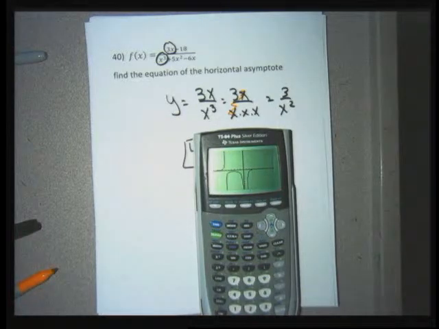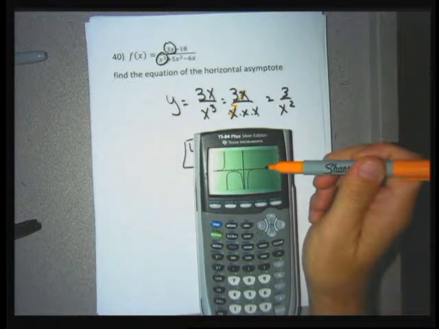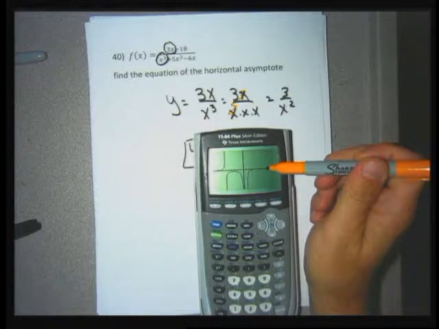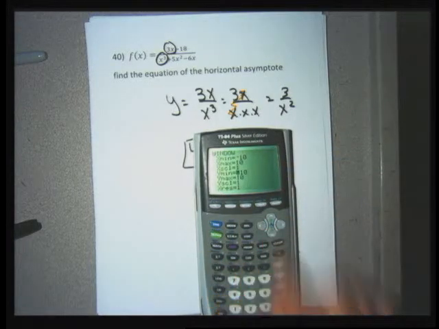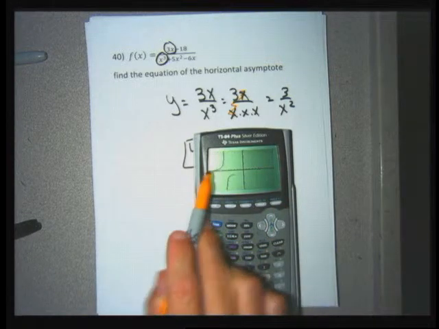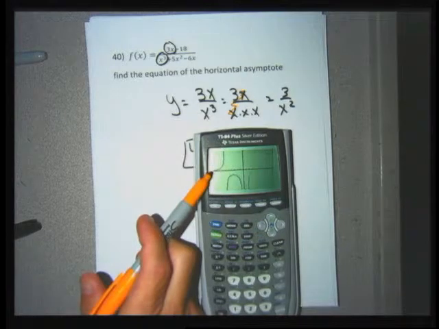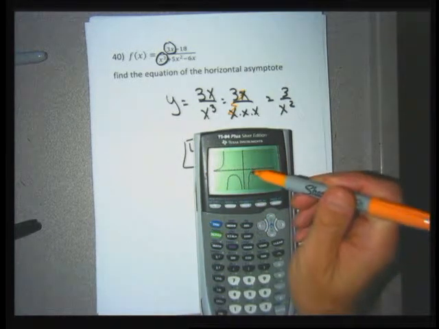But on the other hand, as I get far off to the left and far off to the right, the graph gets close to the x-axis, which is y equal to 0. If I zoom in and make my y's go maybe to the 3's, you start to see the effect. You see that the graph is just slightly above that x-axis, and here it's slightly below the x-axis, but it goes on forever. It doesn't stop.